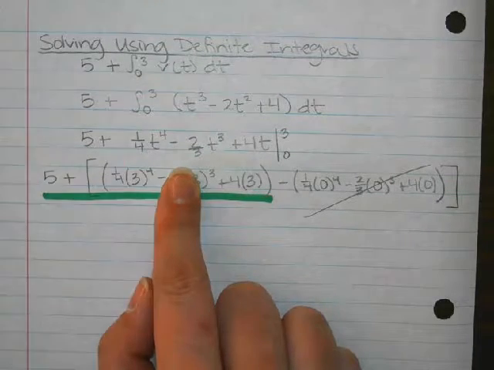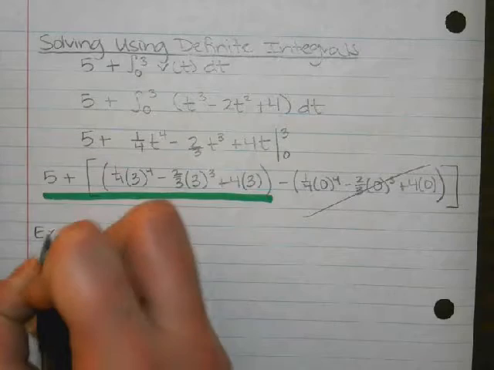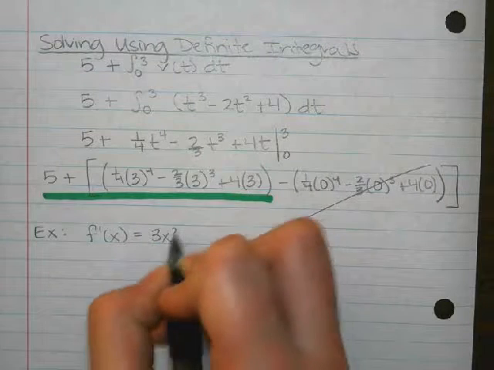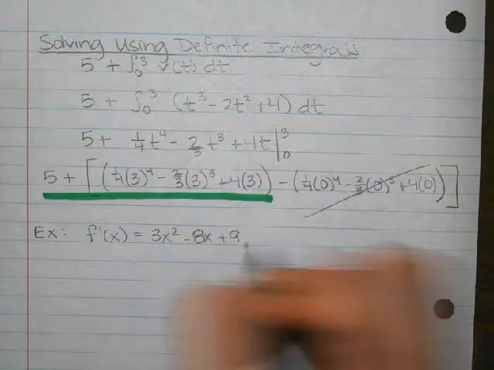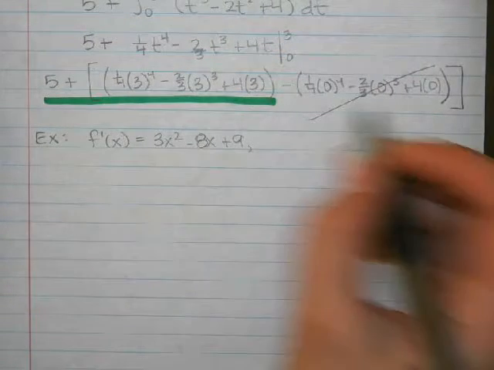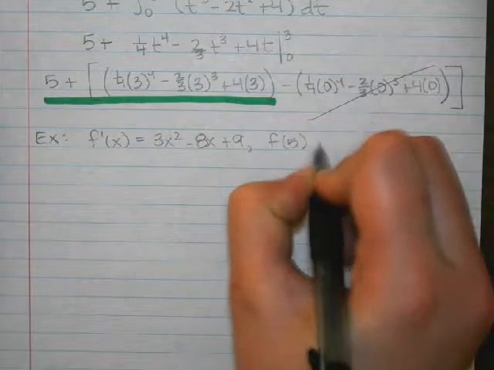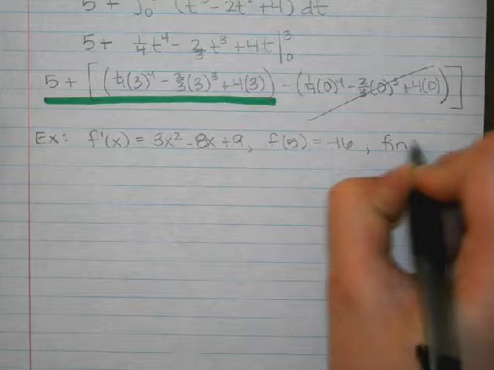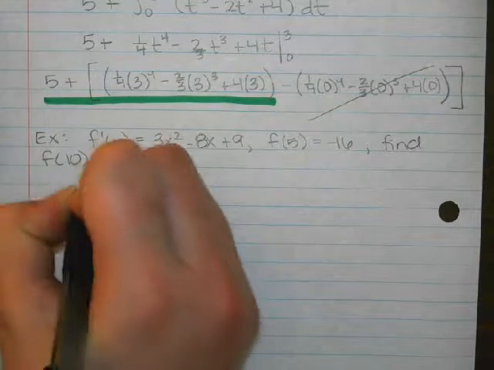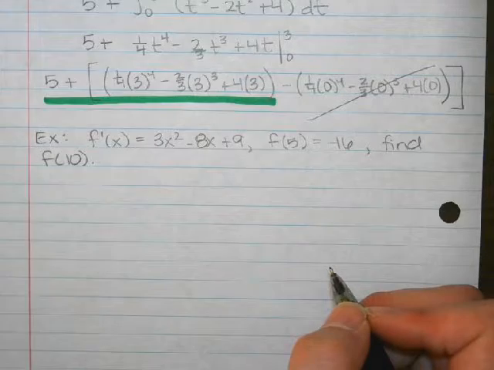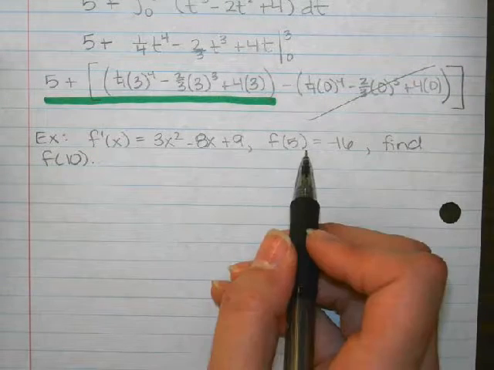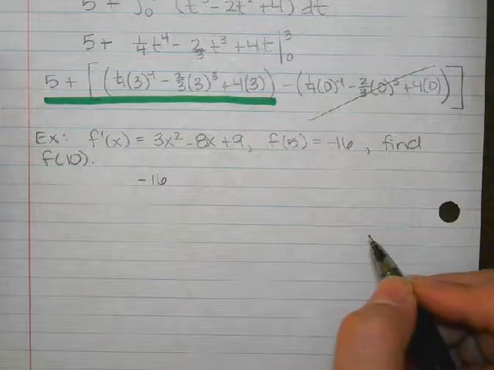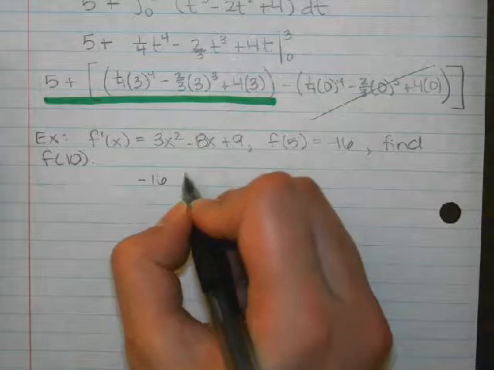If I give you the problem that f prime of x is 3x squared minus 8x plus 9, and f of 5 is negative 16, and I want you to find f of 10, then the process is: negative 16, because that's the value they gave us, plus the integral.